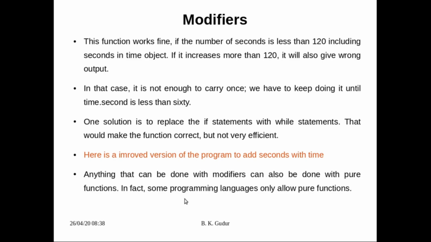In fact, some programming languages allow only pure functions, which is actually a good practice. In future, when you study this programming language in depth, you will understand why some programming languages do not allow you to write modifiers. There is much more to that. As of now, remember that writing pure functions is better than writing modifiers.